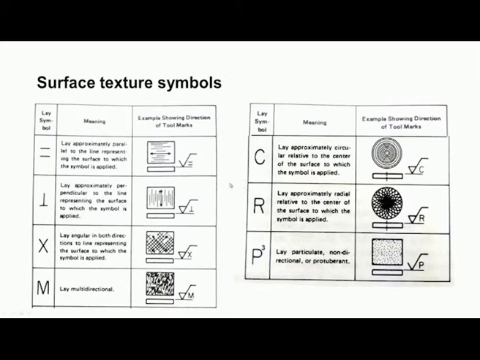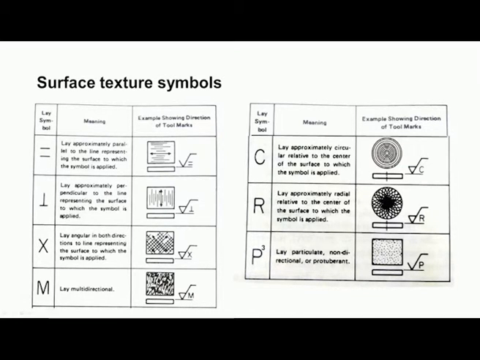Now these are various kinds of surface texture symbols. You can see here if an inverted T is used, then the lay is perpendicular to the direction in which the measurement is made.